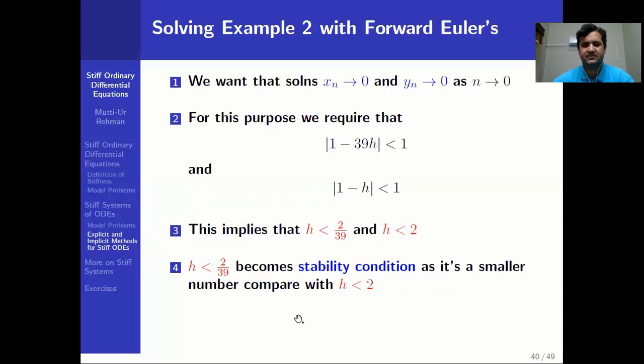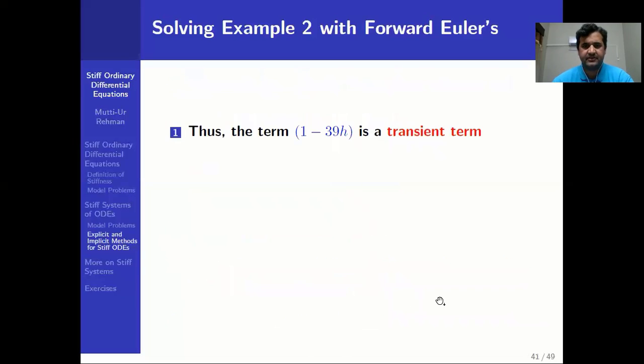So this means that you will have a stability condition basically. Okay, so this guy here becomes the stability condition, and of course the conditional stability. Okay, so it means that we have a conditional stability.